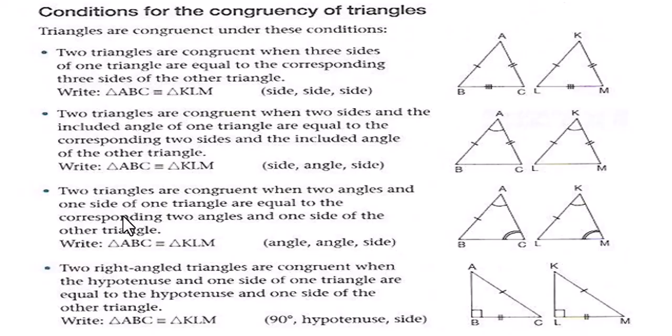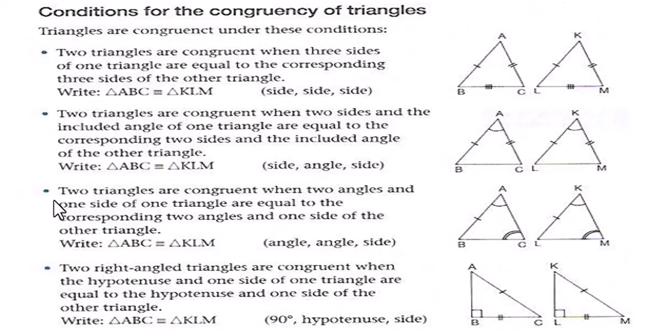For instance, in this particular case, we have angle ABC and angle KLM. So we have two angles, these two angles and these two angles are equal, and the one side is equal. So this side and this side, then this satisfies that this is congruent.